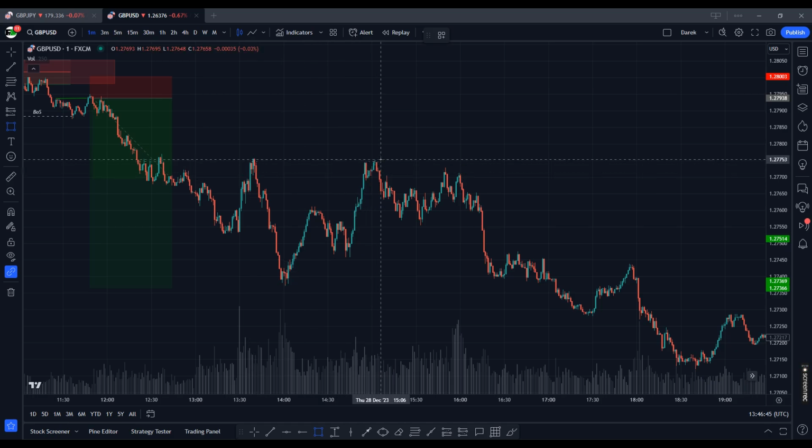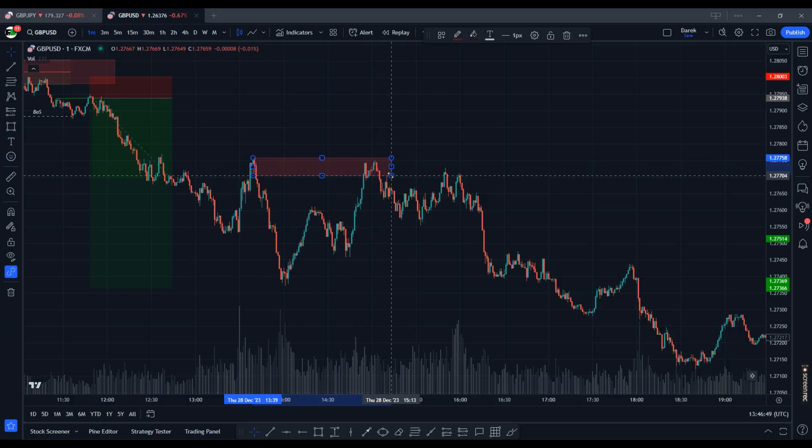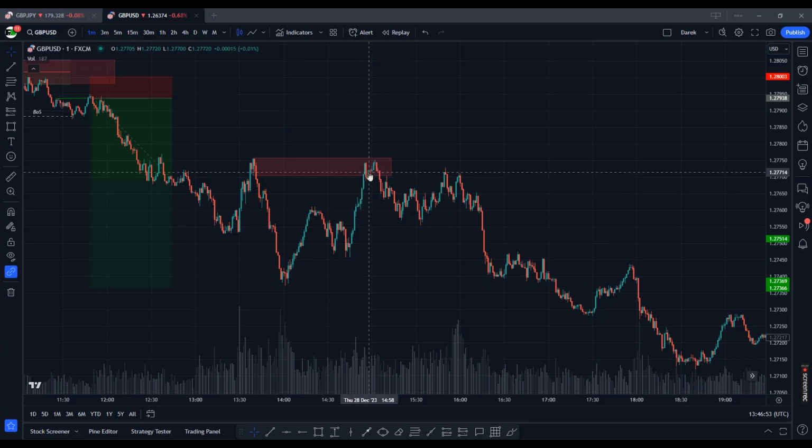We had this high, respect this previous area of supply. This is our sign of continuation. The price came down, and following our previous concepts you would enter at this break of structure.